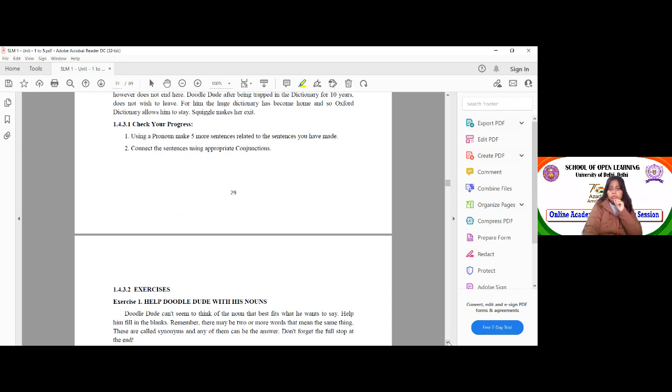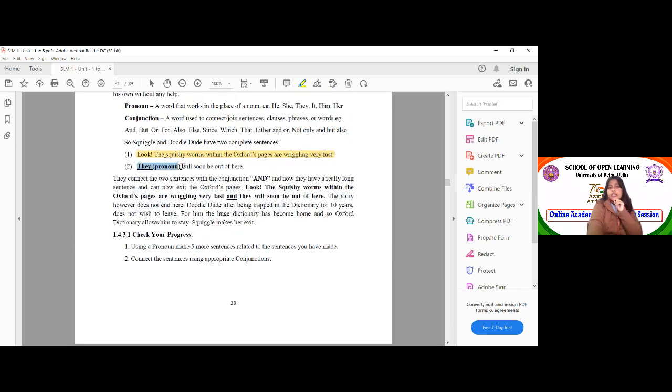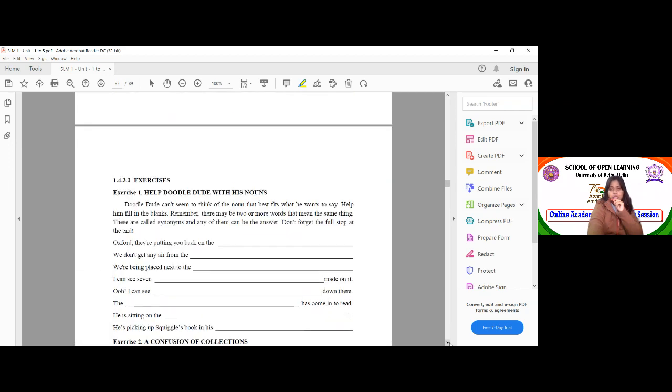Make sentences, use pronouns, and connect the two sentences like we just did here. Look, the squishy worms within the Oxford pages are wriggling very fast and will soon be out of here. Write two separate sentences and connect them with a conjunction.